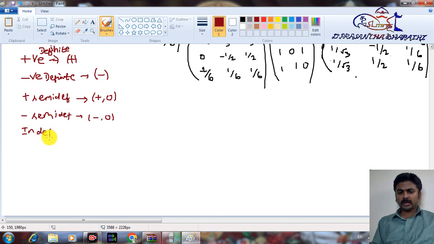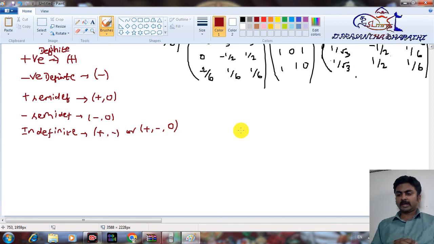The final one is indefinite. Indefinite means that when all the eigenvalues are considered, we see both positive and negative terms, or positive, negative, and 0 terms. We can write the nature by using eigenvalues and also using the characteristic equation.